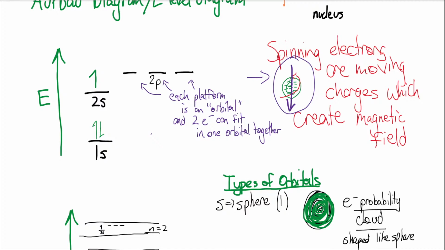Are you thinking configuration? Electron configuration? Okay. Electron configuration is the name for this whole unit, and that's what we're building towards. I'll be able to say what's the electron configuration of this, and you'll know what I mean.